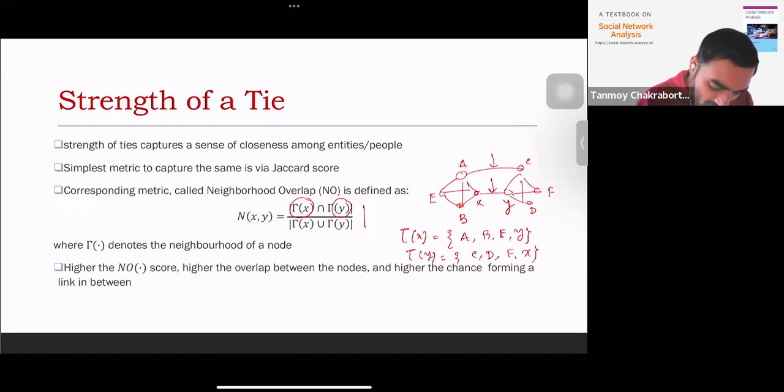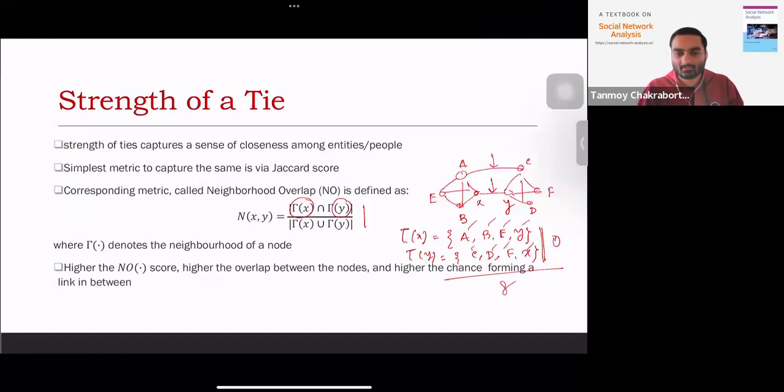If you do the intersection, what would be the intersection? The intersection would be 0. And the union would be what? The size of the union would be 1, 2, 3, 4, 5, 6, 7, 8.